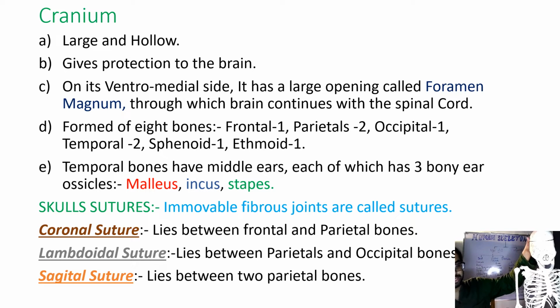So coronal suture is in the front, and behind we see lambdoidal suture which lies between parietal and occipital bone, and sagittal suture lies between two parietal bones.